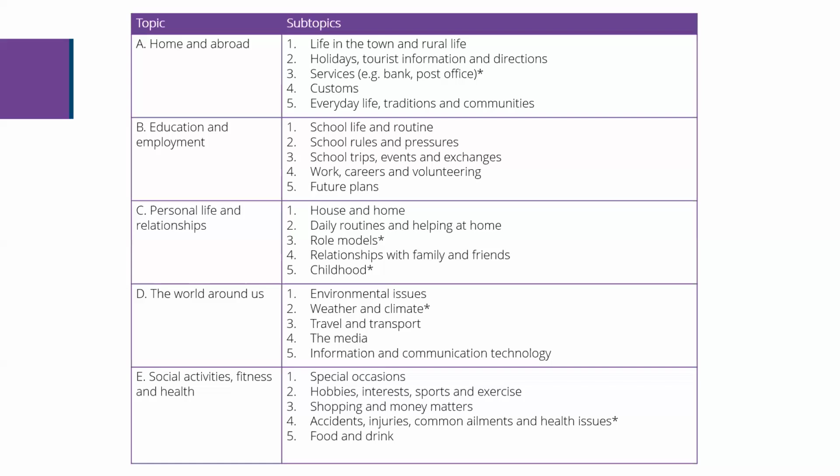Now, you'll notice as well within these themes, some of them have an asterisk. So in theme A, services has an asterisk. In theme C, role models and childhood has an asterisk. In theme D, weather and climate has an asterisk. And in theme E, accidents, injuries, common ailments and health issues has an asterisk.